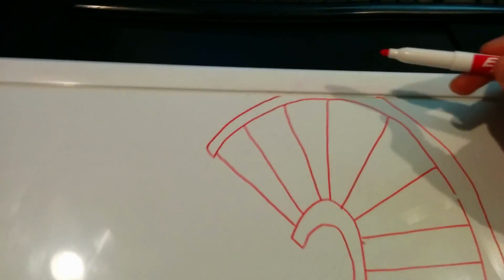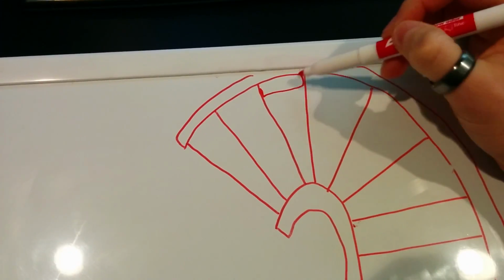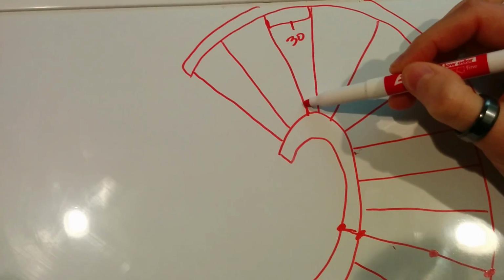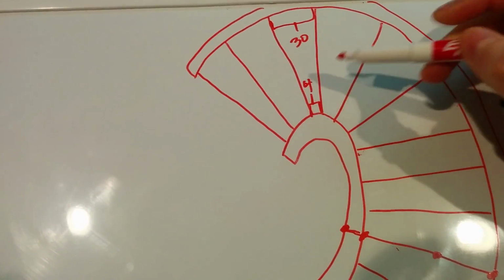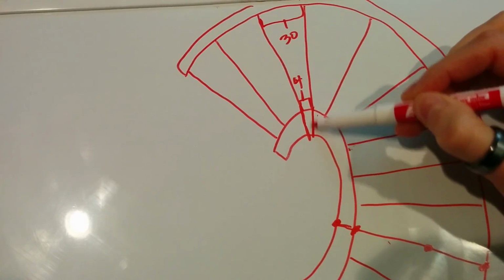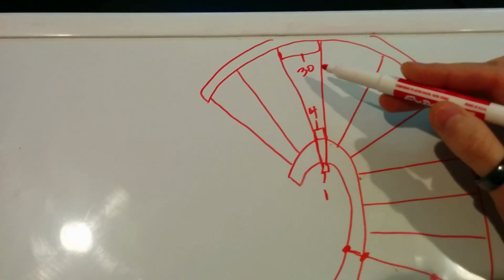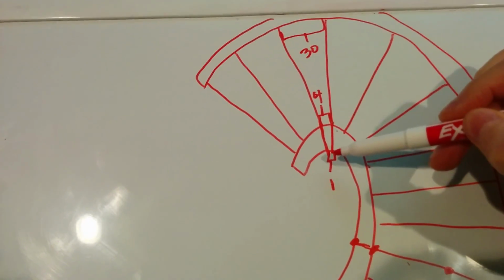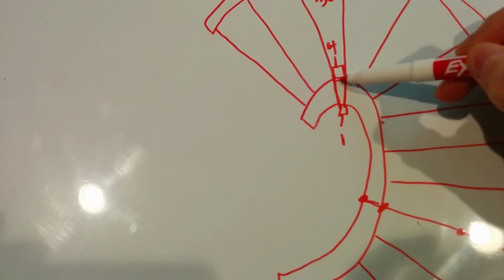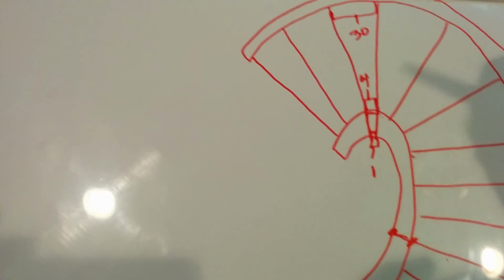So when you think about it, say this is 30 inches over here, and say this is 4 inches right here. And then say you take these lines for the stringer, and this is like 1 inch right here. The shape of this outermost lamination is going to be different than the shape of this inside lamination.